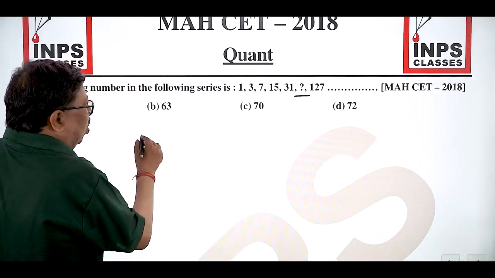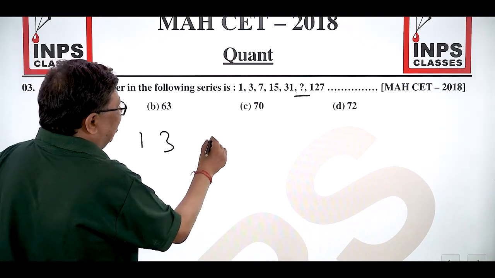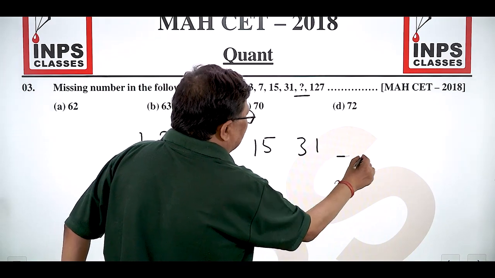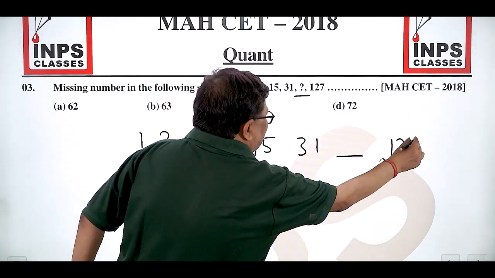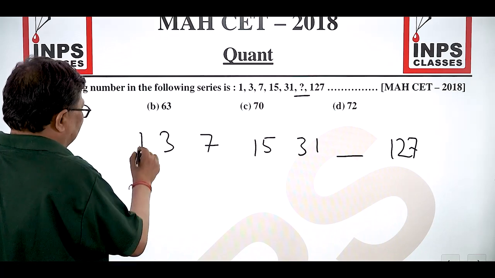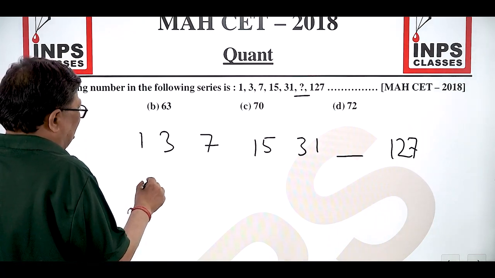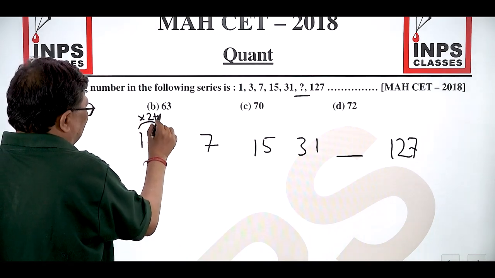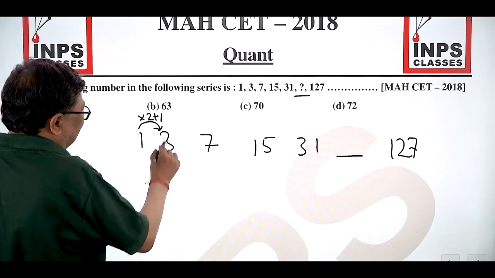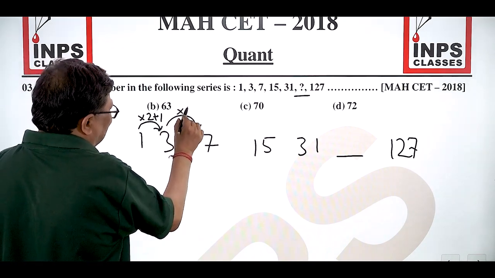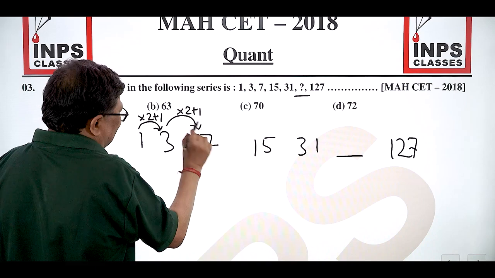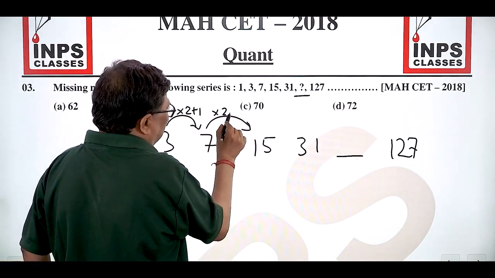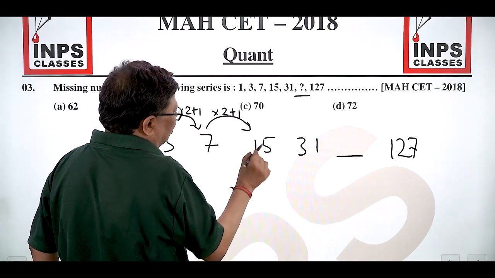Let's see. 1 into 2 plus 1 will give me 3. 3 into 2 plus 1 will give me 6 plus 1, 7. 7 into 2 plus 1, 7 twos are 14 plus 1 will give me 15.